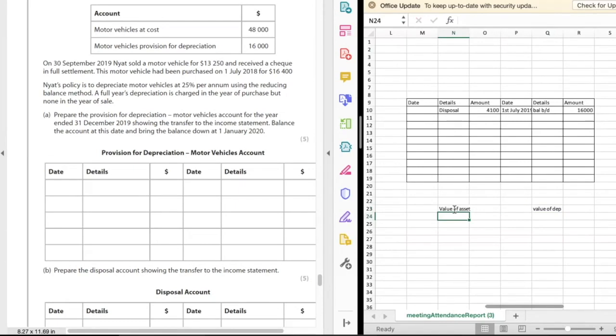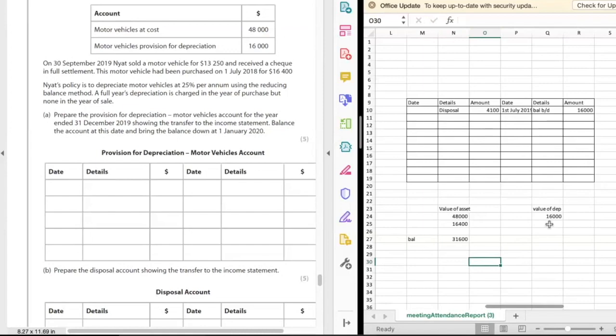The value of the asset was 48,000 total, and the value of the provision was 16,000, right? Now, what has been sold out of this 48,000? 16,400 has been sold. What is the balance now? Can you tell me? This is the amount of the balance asset, right?